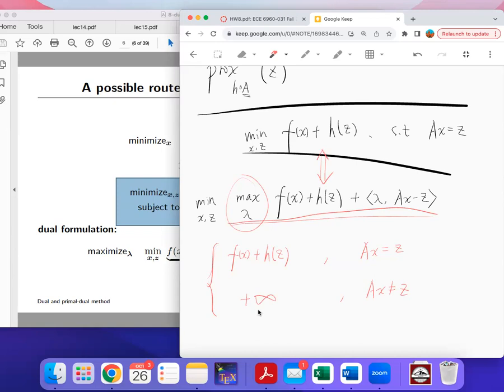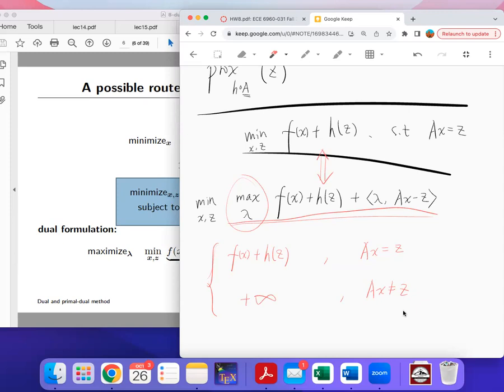And if you look at these two, it's essentially the original constrained optimization problem. If this constraint is satisfied, we are minimizing f plus h(z). If it's not satisfied, then everything is positive infinity, and we don't care about those cases. So it is equivalent to the original constrained form.